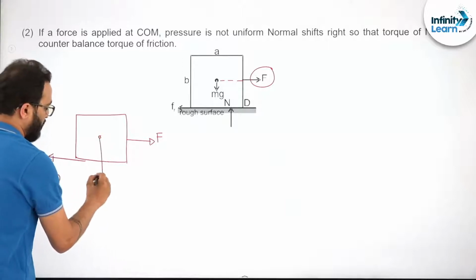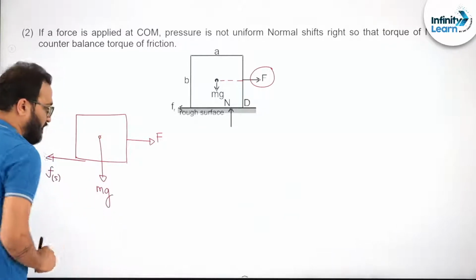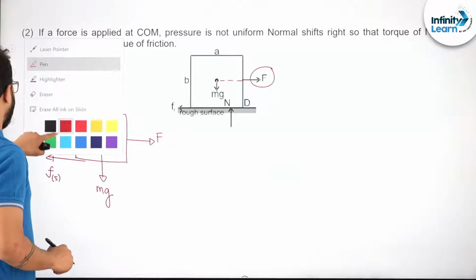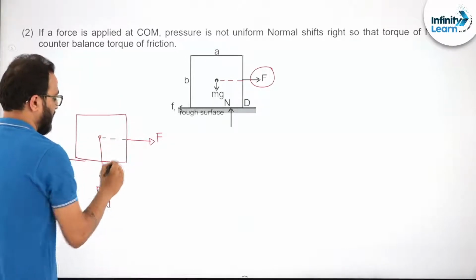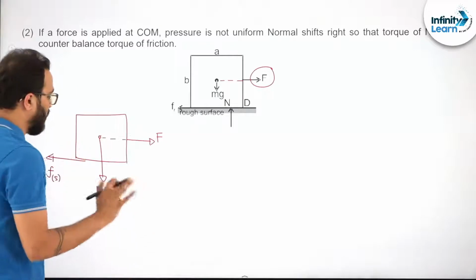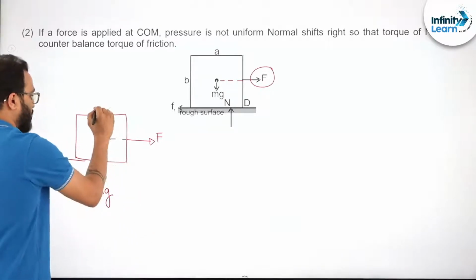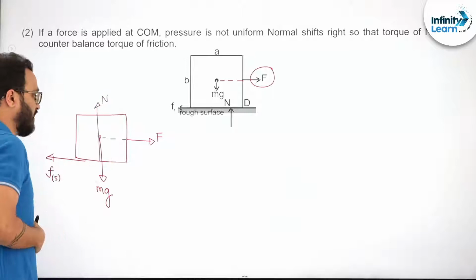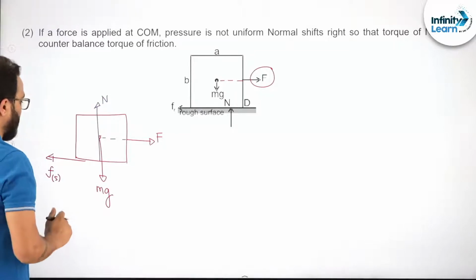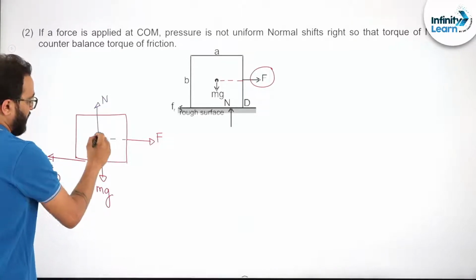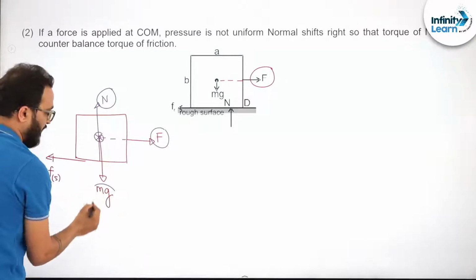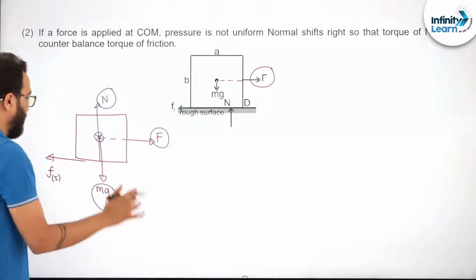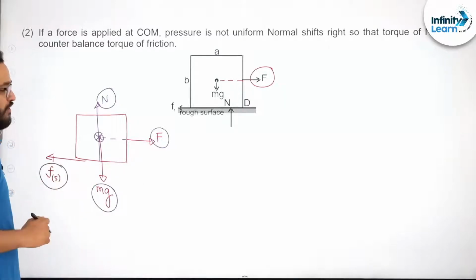Now mg is already acting here, downwards. Suppose normal is acting here. Then about this axis, the torque of capital F, normal and mg will be 0, but there will be a torque of static friction.